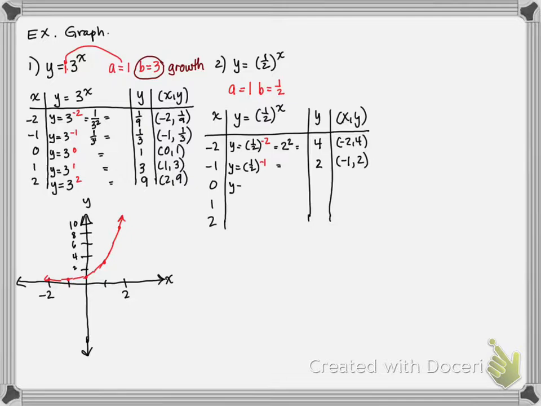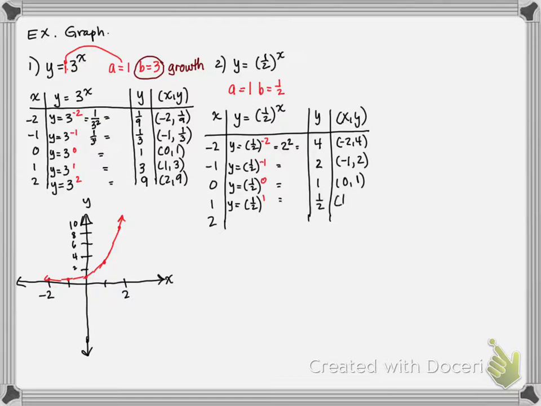All right, let's go to 0. That's an easy one to calculate, because anything to the 0 power is equal to 1. So we get 0, 1. Hey, that's interesting. Same y-intercept as the last problem. So let's put in 1, the first power, I should say. And that's going to just give me 1/2.